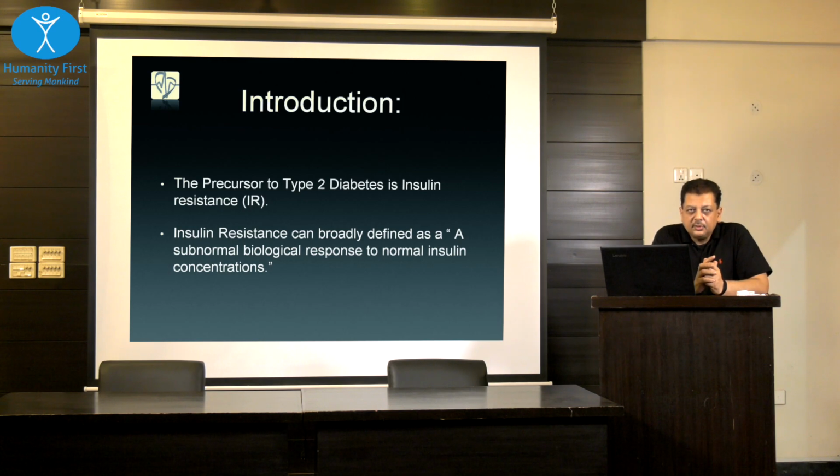The precursor to type 2 diabetes is insulin resistance, and that's a terminology which will come repeatedly in my talk. Insulin resistance can broadly be defined as a subnormal biological response to normal insulin concentration.